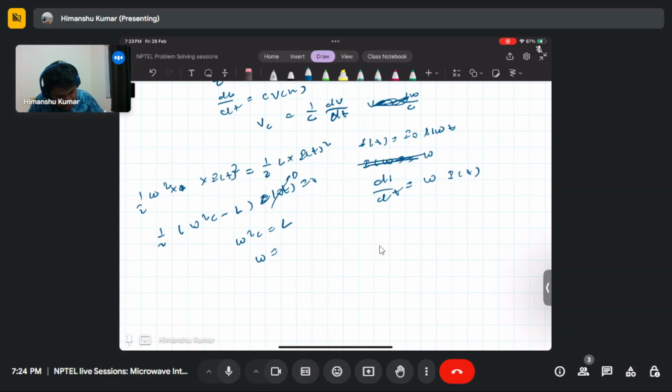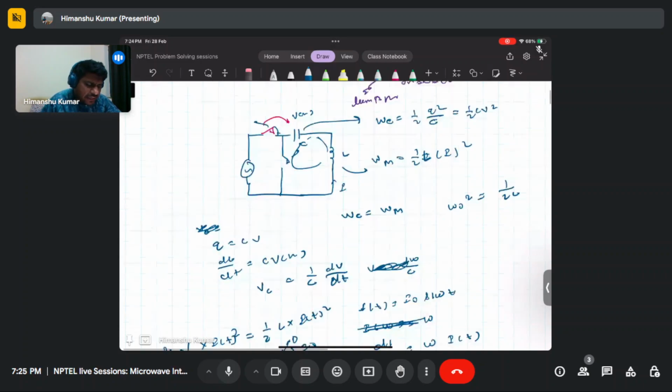No, this is 1 by C. No, this will be 1 by L. So finally you will get omega square equals 1 by LC, and if you take the square root, you will find that the resonance frequency is 1 over the square root of LC. So this is the resonance frequency for simple LC oscillators.